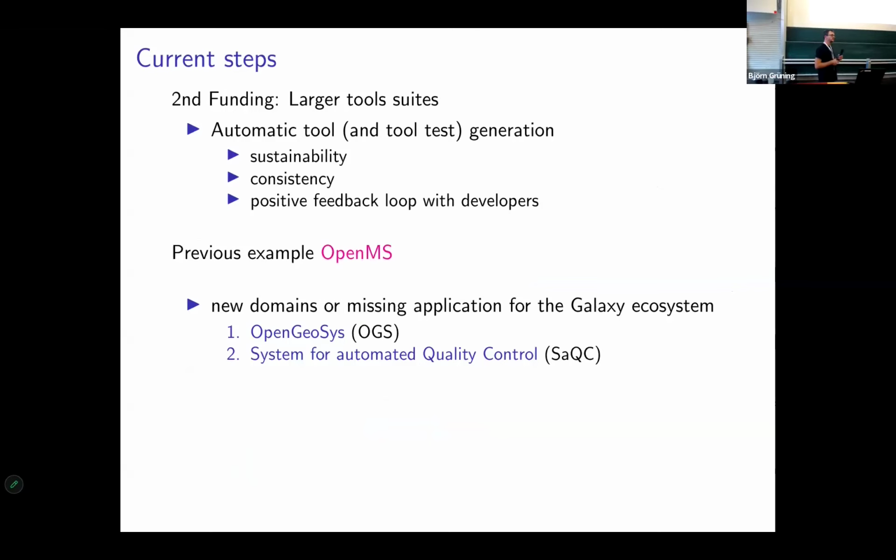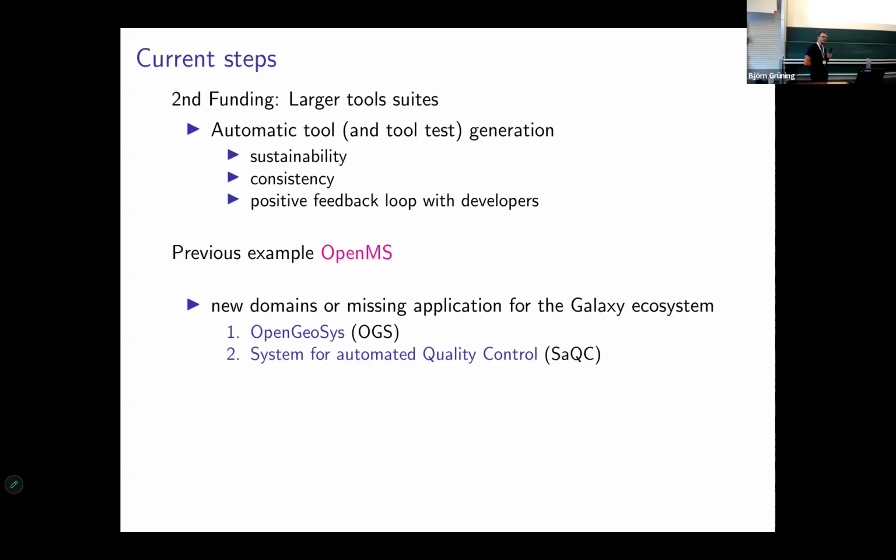So the problem with this is, you have a tool suite consisting of dozens of executables, or a tool suite consisting of hundreds of modules with loads of parameters. And you would need months to create a tool wrapper or many tool wrappers for this.